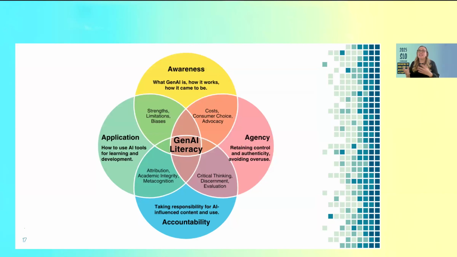What I tried to then do as I was planning my class was think about how all of these different forces overlap, because there are so many different considerations for teaching AI literacy to your students. How would all of those different topics fit into a framework like this?